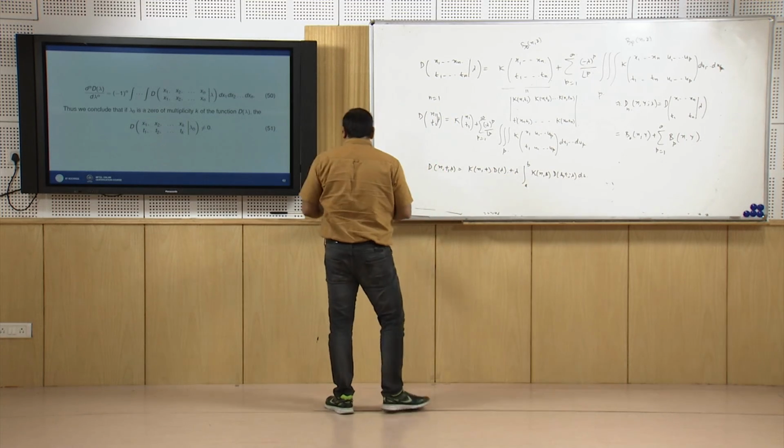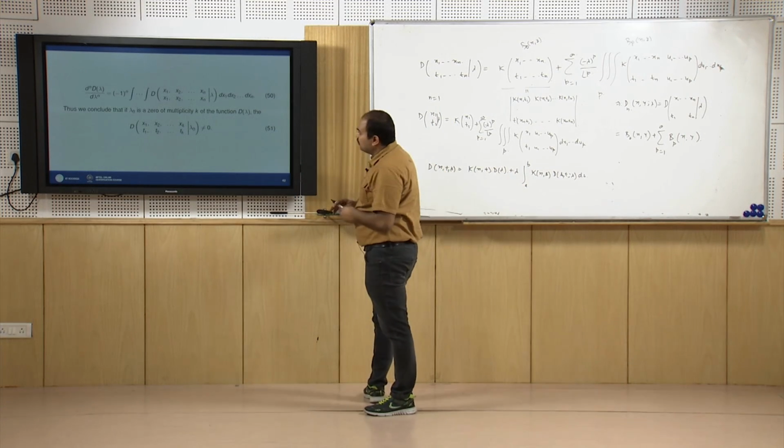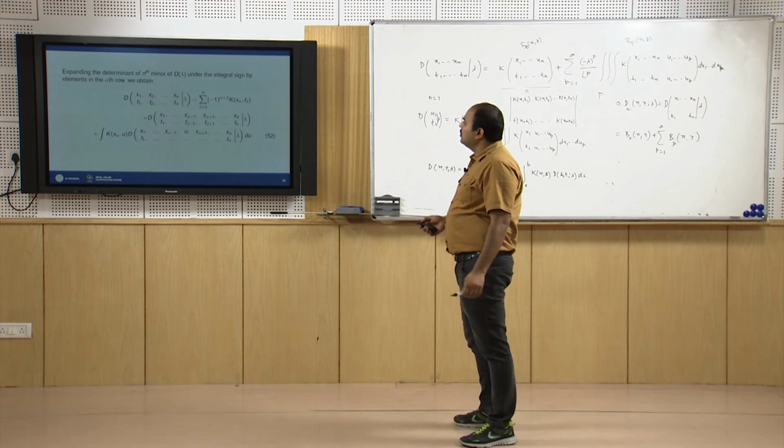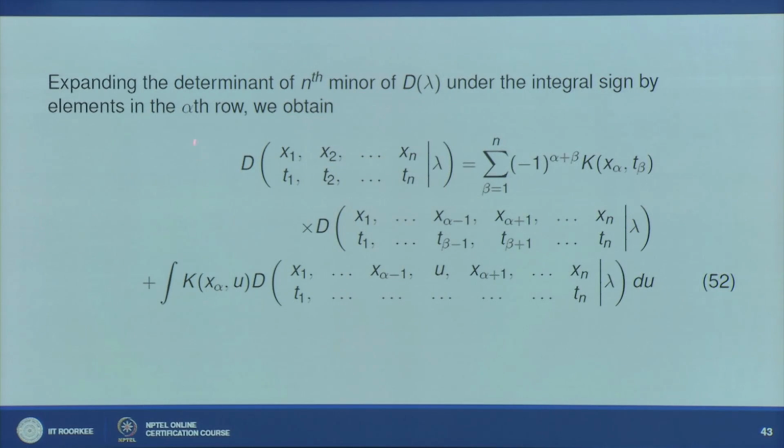For that we look at a similar kind of expression. If you have this expression, the nth minor of the nth Fredholm minor of D lambda, and if we expand this determinant along the alpha row and simplify, we can get this kind of relation 52.